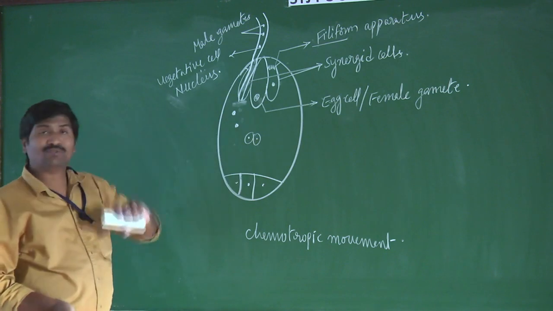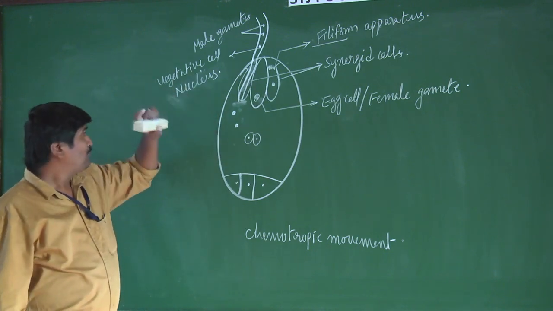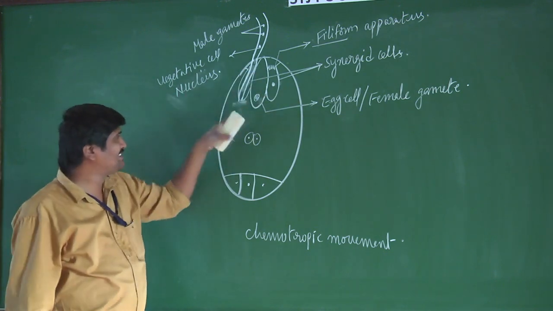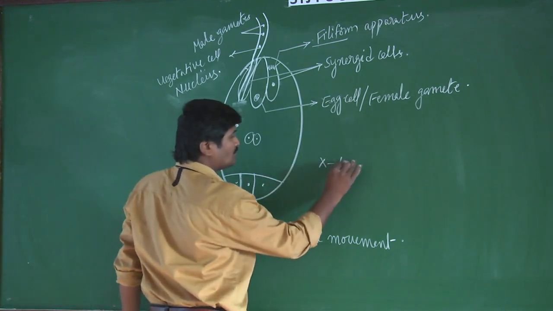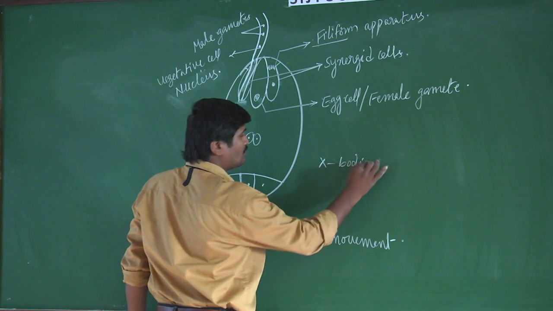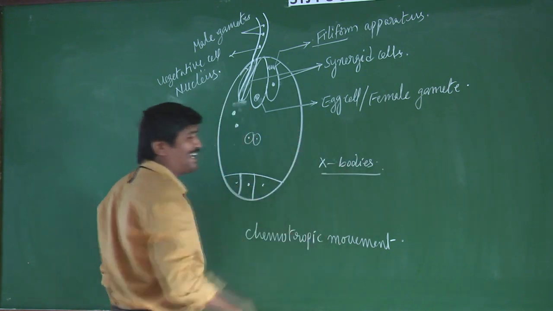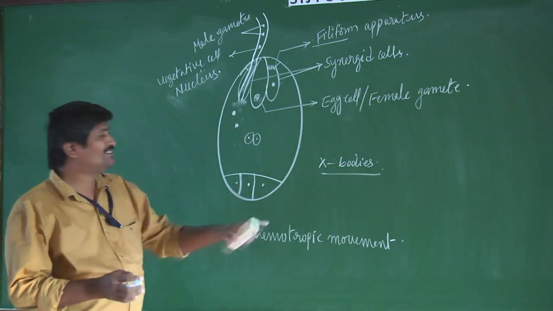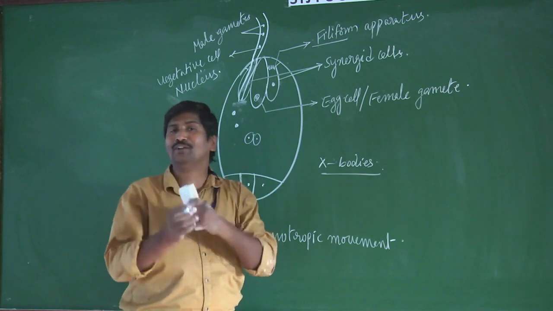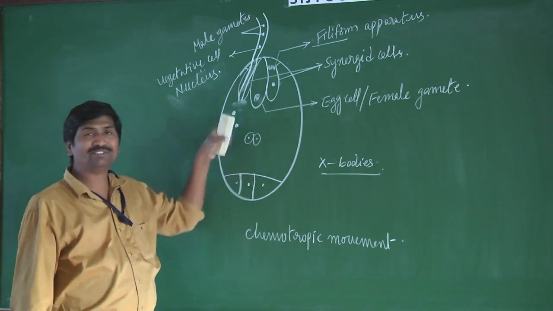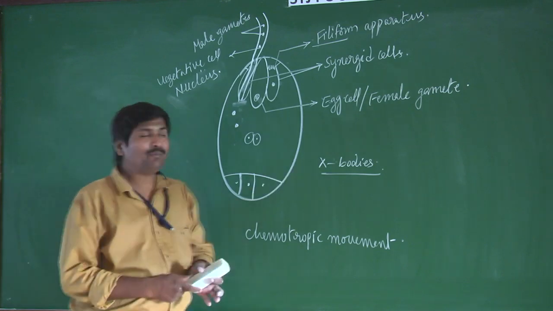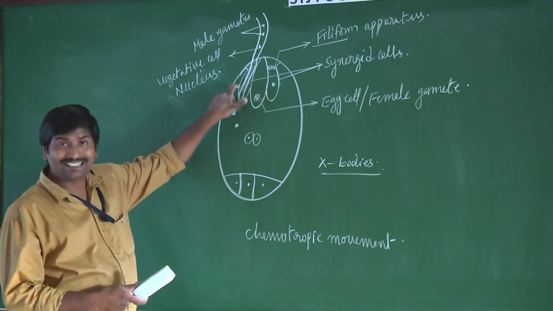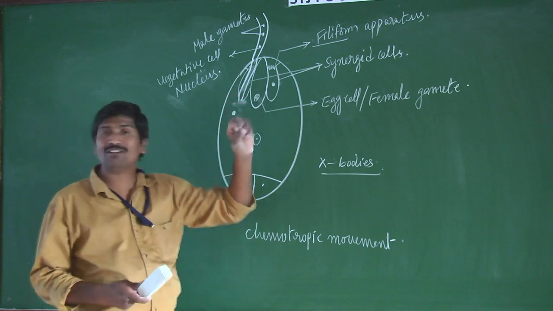Okay. Next one. In this region, two X bodies are there. What are the X bodies? The X bodies are dark colored granules reported in the embryo sac. One of the X bodies develops from the degenerated synergid cell.